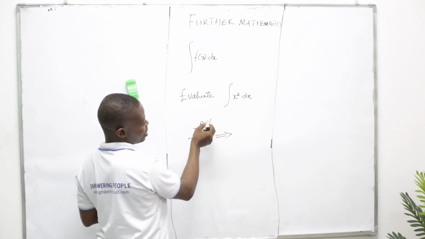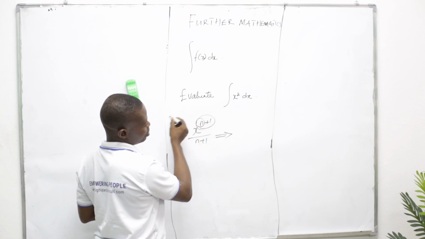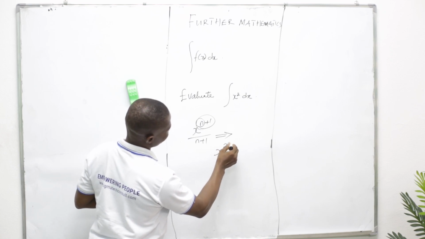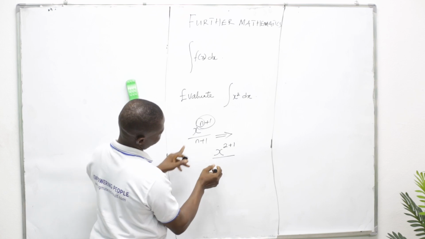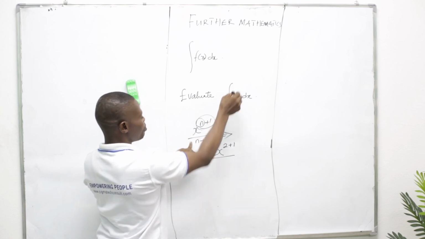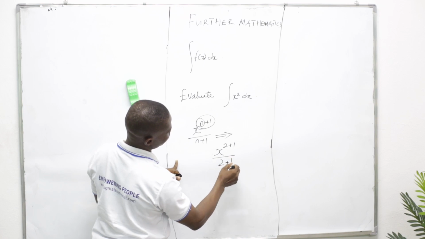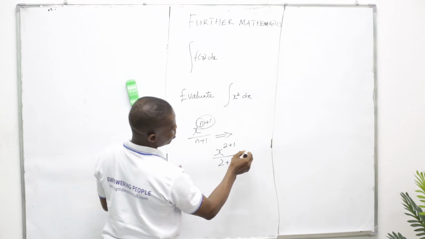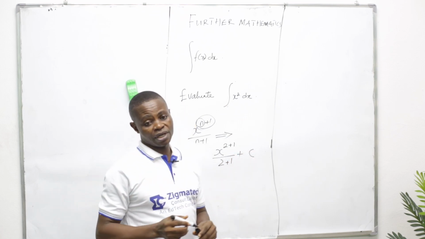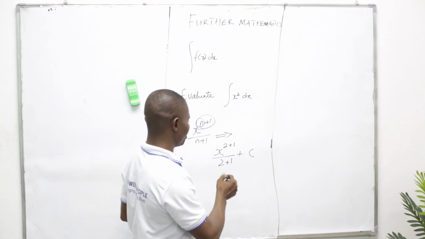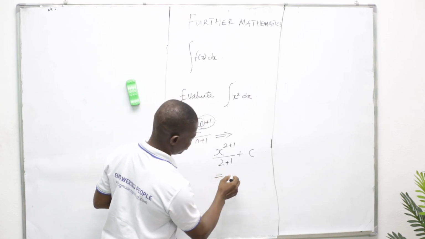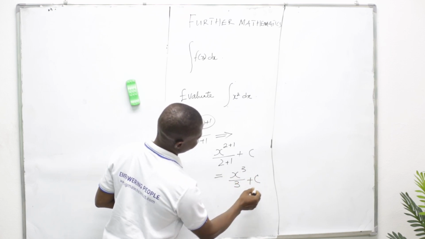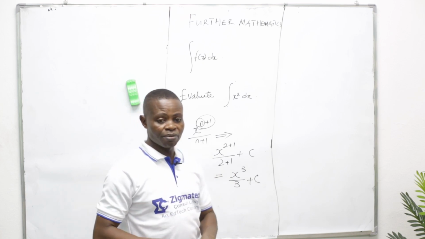That 2 is representing this n you are seeing here. x raised to the power 2 plus 1 divided by what? What is the n? The n is the power, which is 2, plus 1. At the end, because you don't have any limit values here, you're going to say plus c, or plus k, which is a constant. Now, your final solution here will give you x power 3 all over 3 plus c or plus k, as the case may be.